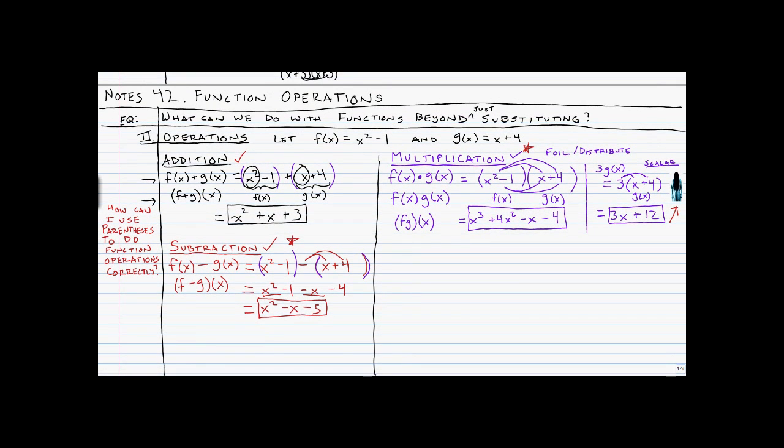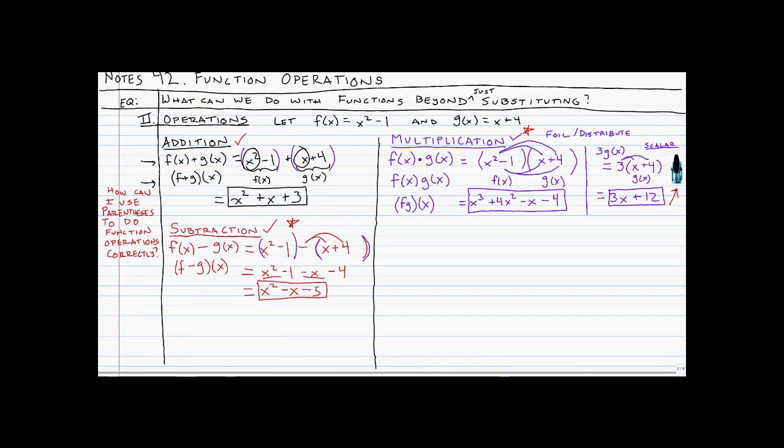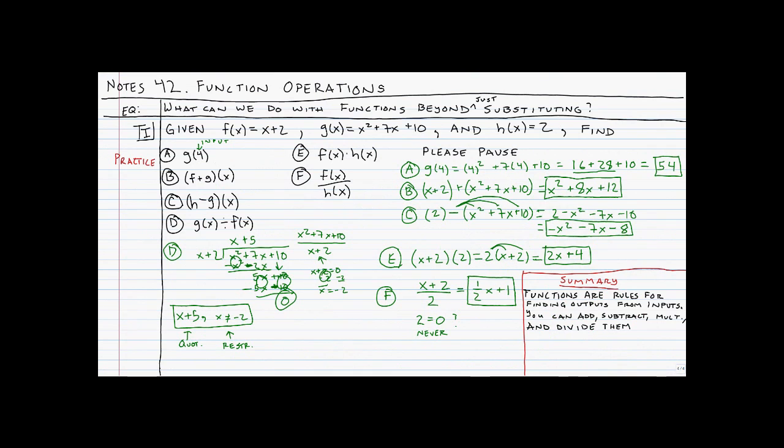Okay, so on this page we asked our question over here, how can we use parentheses to do the operations correctly? And over here we had restrictions. But we need to use parentheses and note restrictions.